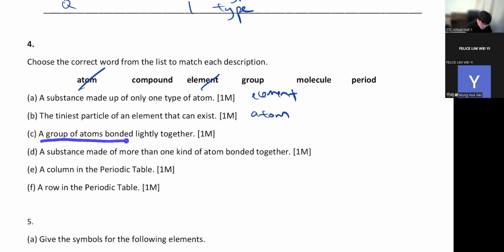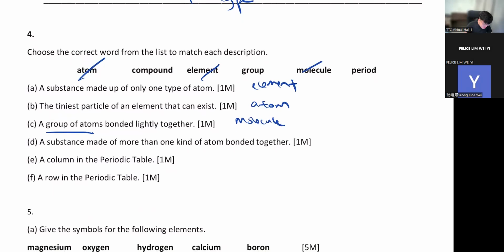C, a group of atoms bonded tightly together, this is called molecule. A group of atoms is like alphabet, words, same thing. And then D, a substance made of more than one type of atom bonded together, this is compound.